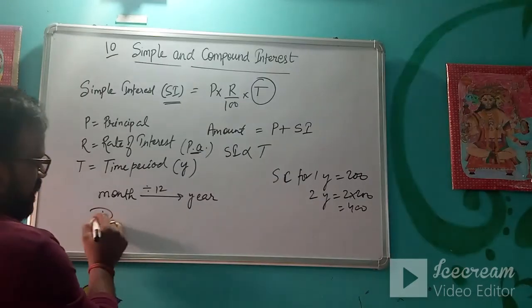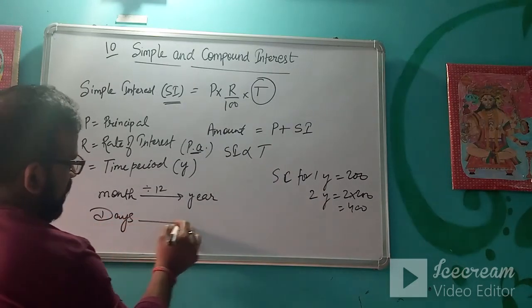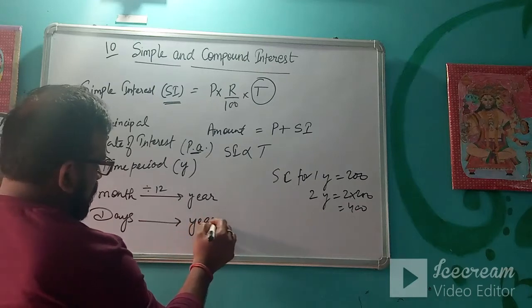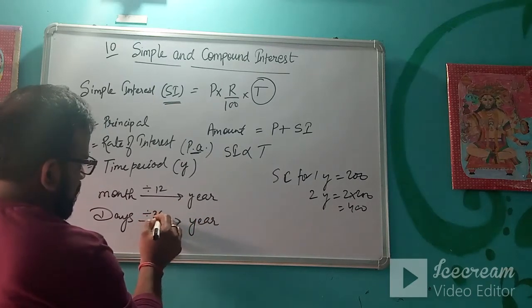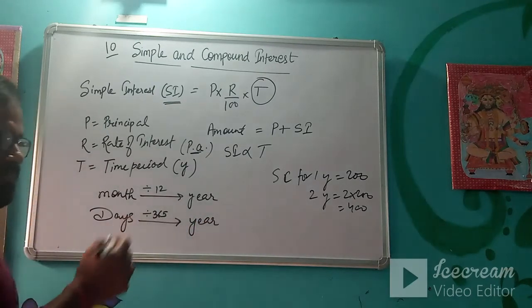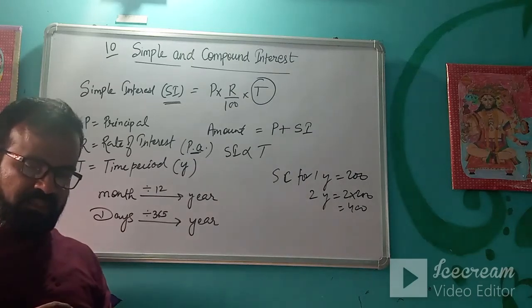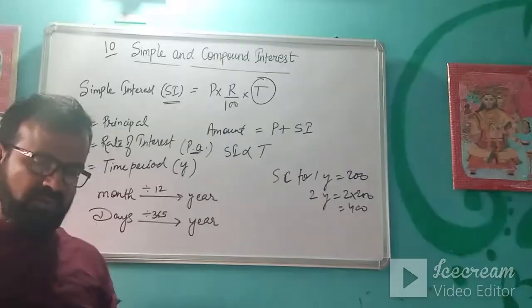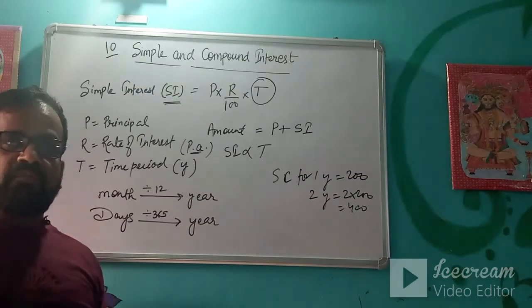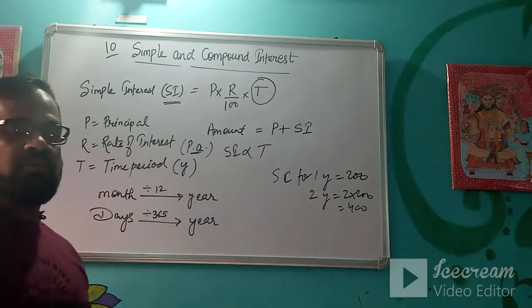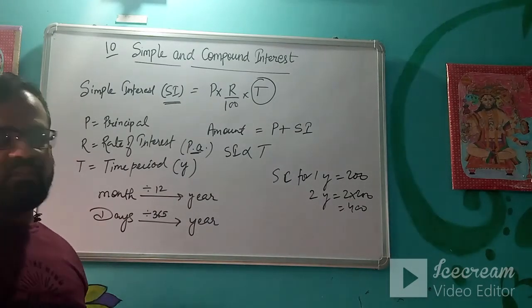And suppose days are given, then we can convert days into years by dividing by 365, irrespective of whether the given year is a leap year. If it is mentioned in the question that it is a leap year, then you will take 366 days.